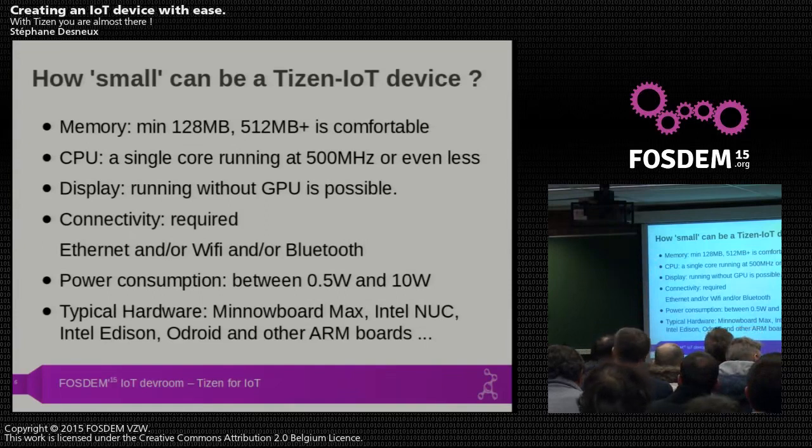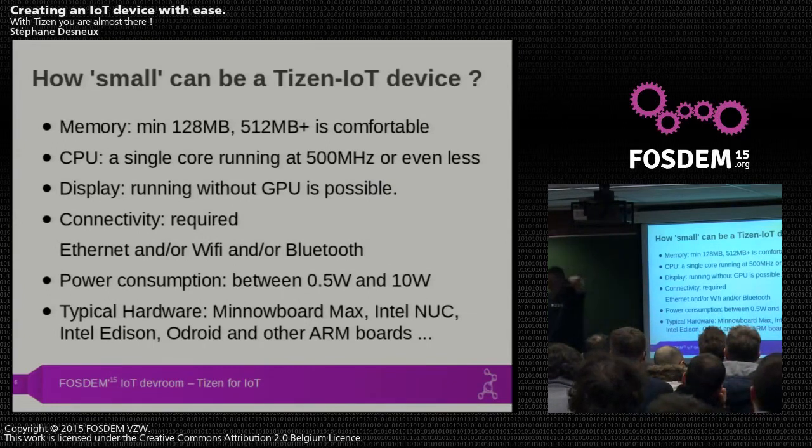For me, the minimum is 128 megabytes, and honestly, 512 megabytes is comfortable. For the CPU, a single core running at a low speed like 500 megahertz is enough. It could be less. I didn't test that, but I'm quite sure it works at 500 megahertz.